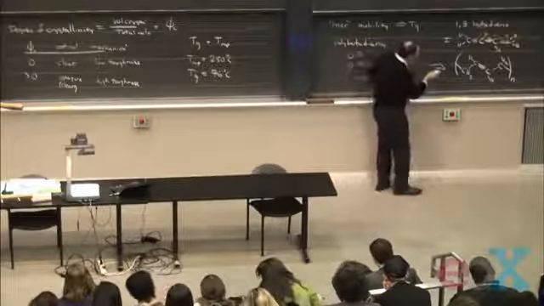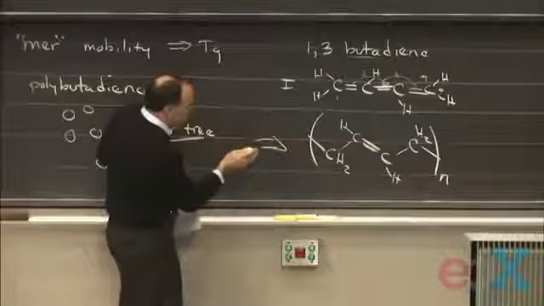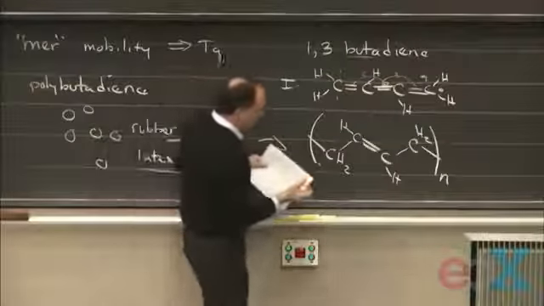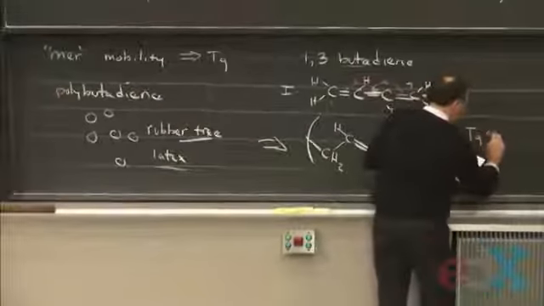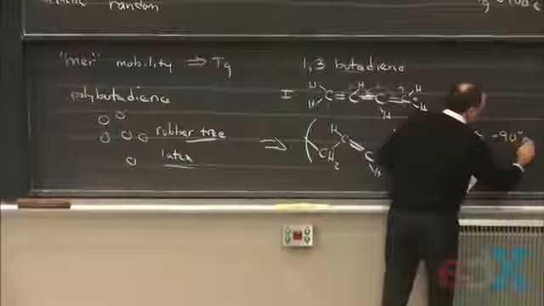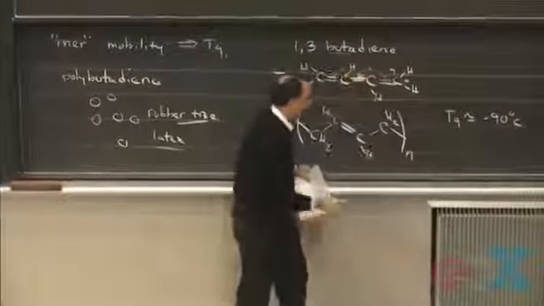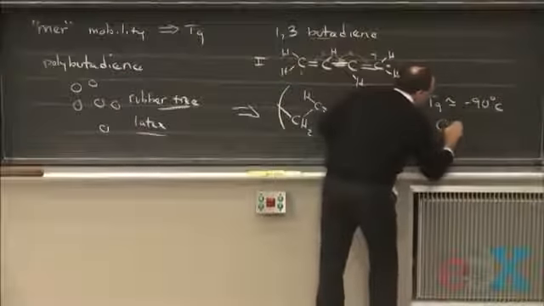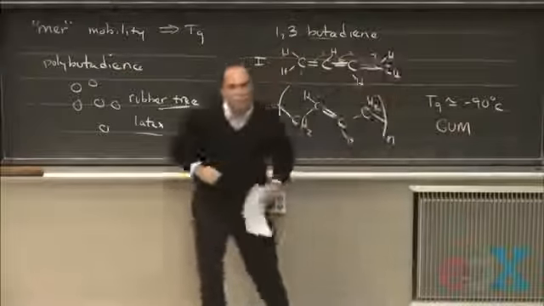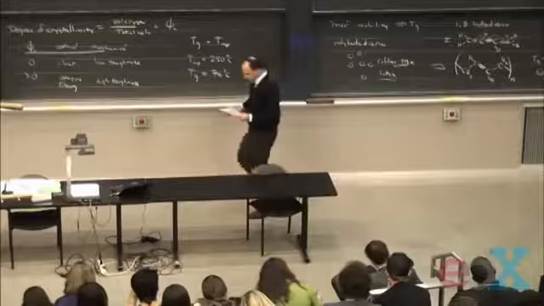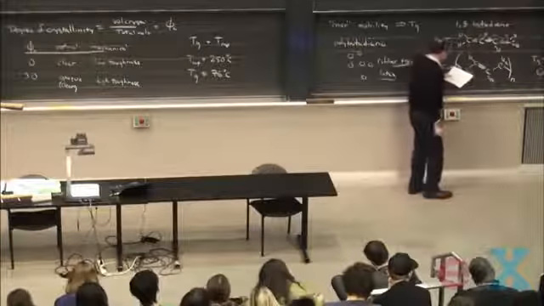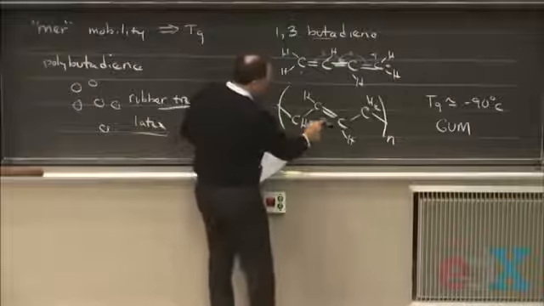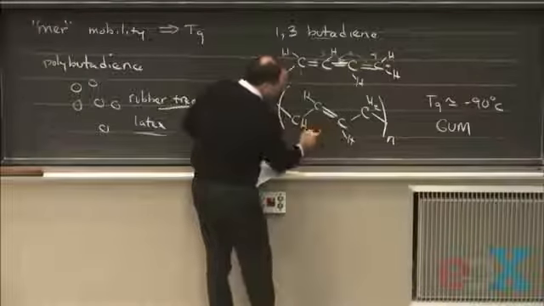And this material, of course, has a very low TG because it's highly mobile. TG is around minus 90 degrees C. In fact, this was known as a gum. The original use of this material was a gum. Now you'll notice there's sort of a cis-trans opportunity here, right?